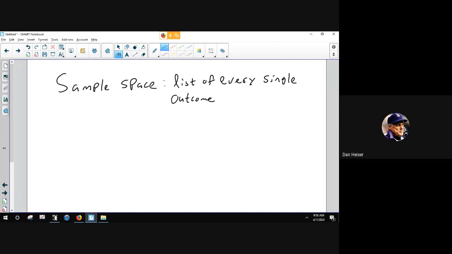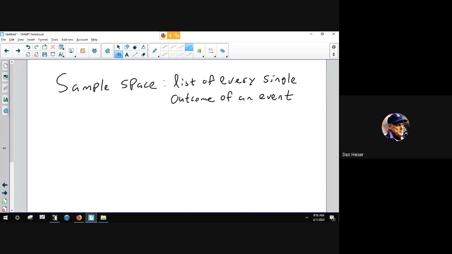Every single outcome, and I should add, of an event. Something is happening. What are all the possible things that could happen? Now, some sample spaces are very small. Flip a coin. My sample space is heads, tails. Roll a six-sided die. My sample space is the numbers 1, 2, 3, 4, 5, 6.